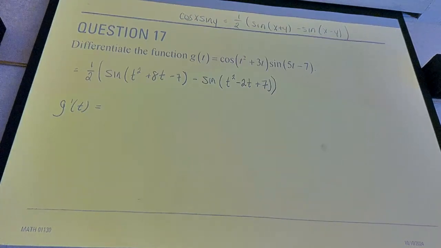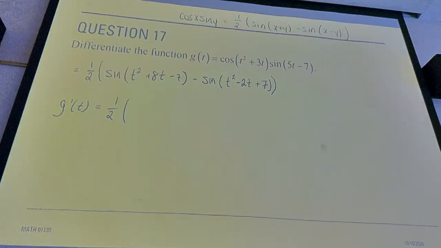Isn't that a constant multiple? It's a constant times a function, isn't it? So constant multiple rule: half times the derivative of the function. Now it's a difference. That's a nice easy rule.